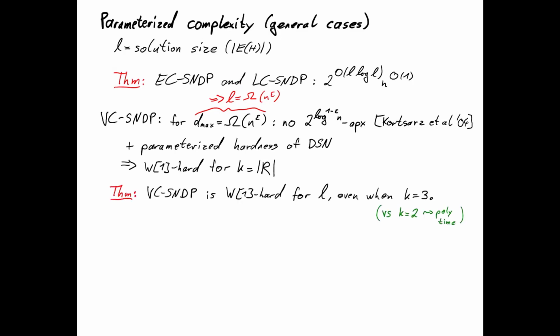Therefore, we also complement this result by showing that vertex connectivity is hard parameterized by the solution size. In fact, this is even true if we only have 3 terminals. And it's the smallest number of terminals for which it would be hard, because if you only have 2 terminals, then it's a simple flow problem, so it's polynomial time solvable in that case.